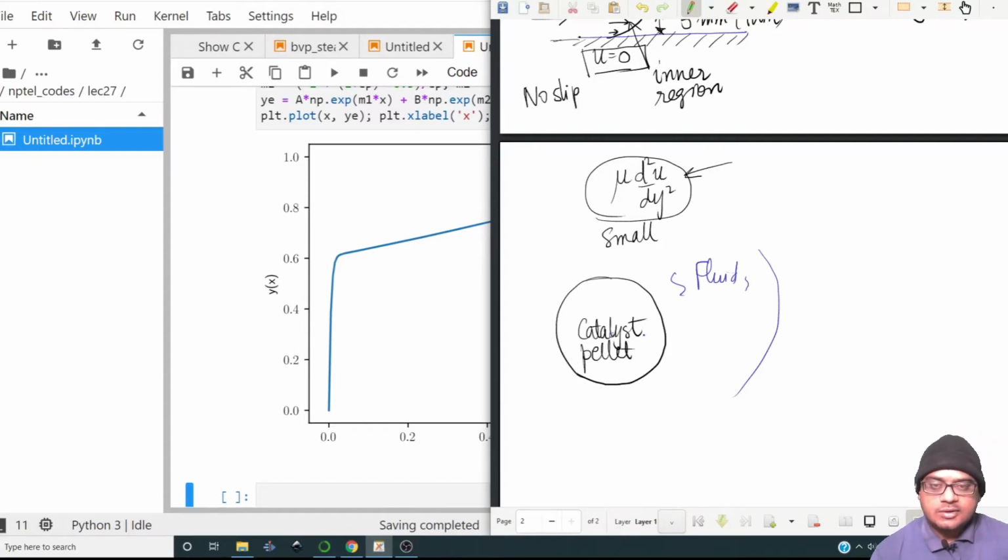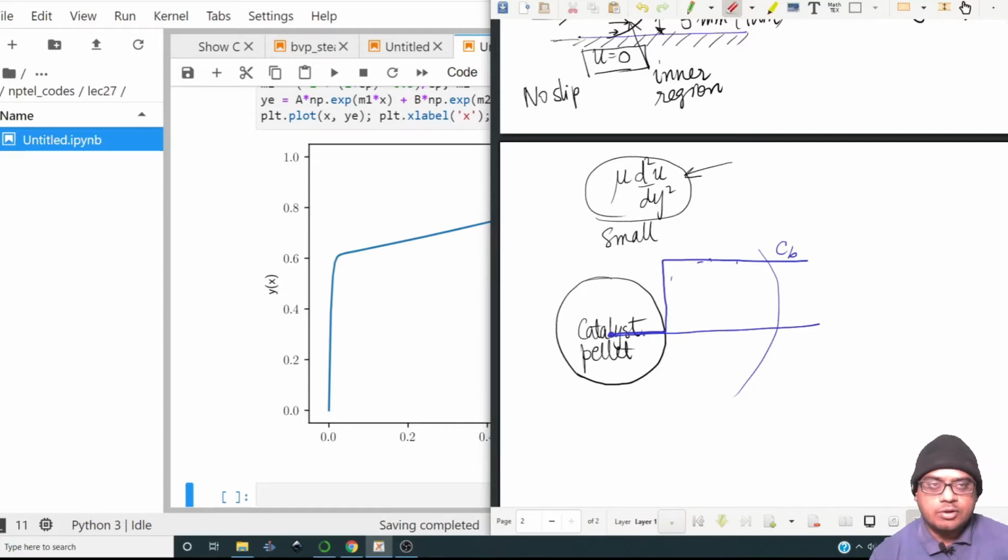So imagine I draw a transect like this, and when the catalyst has not yet begun reacting, I can plot the concentration as something like this. It is zero inside the catalyst, and suddenly it has some concentration in the bulk, and this is the bulk concentration. Now the catalyst starts reacting with the fluid.